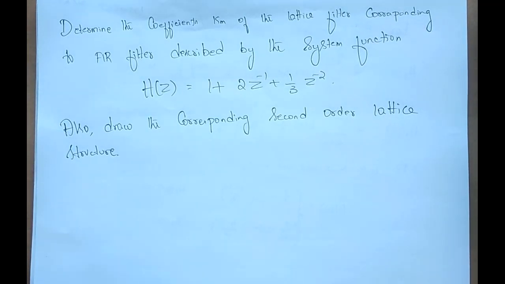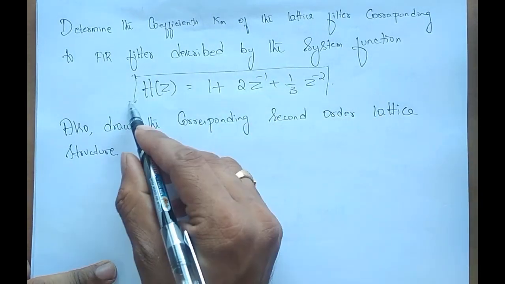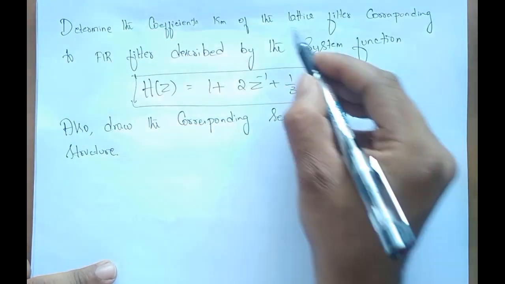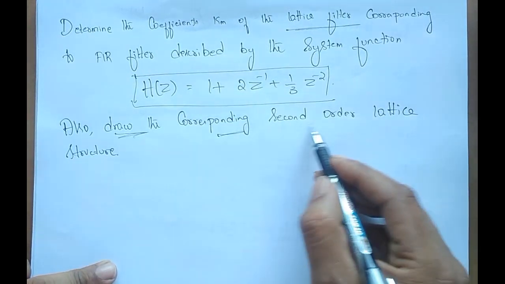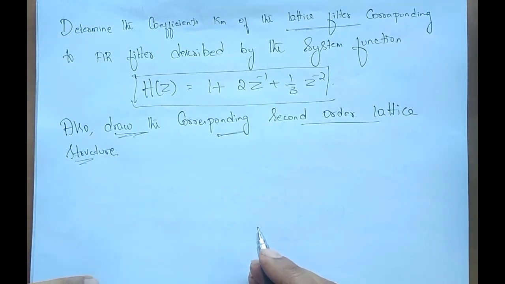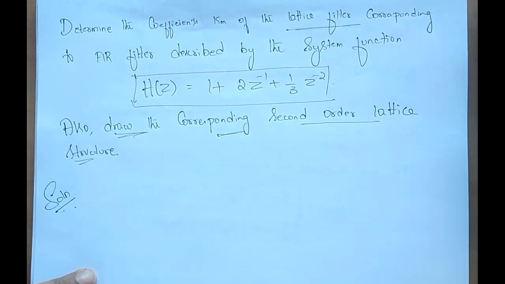So this is what we need to do. Given a system in direct form, I need to convert it to lattice structure, and I also have to draw the corresponding second order lattice structure. Fine. So solution. What is the formula we have?